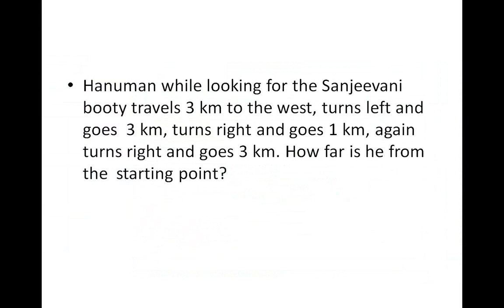The question says, see, if this is the base point, means original point. 3 km west means in this direction, right? This is 3 km. Turns left means in this direction. This is 1 km.